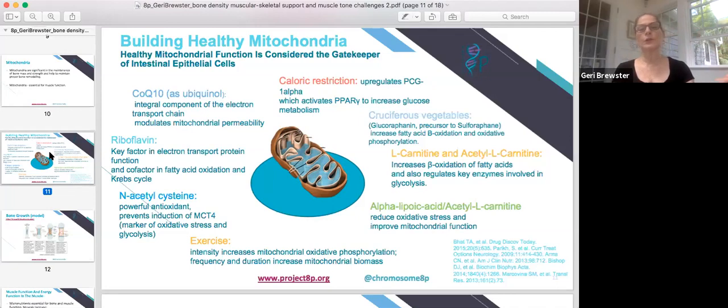So they're also really significant in muscle and bone. And so here again, just looking at these core nutrients that support the mitochondria, which supports the muscle and hence the muscle tone.